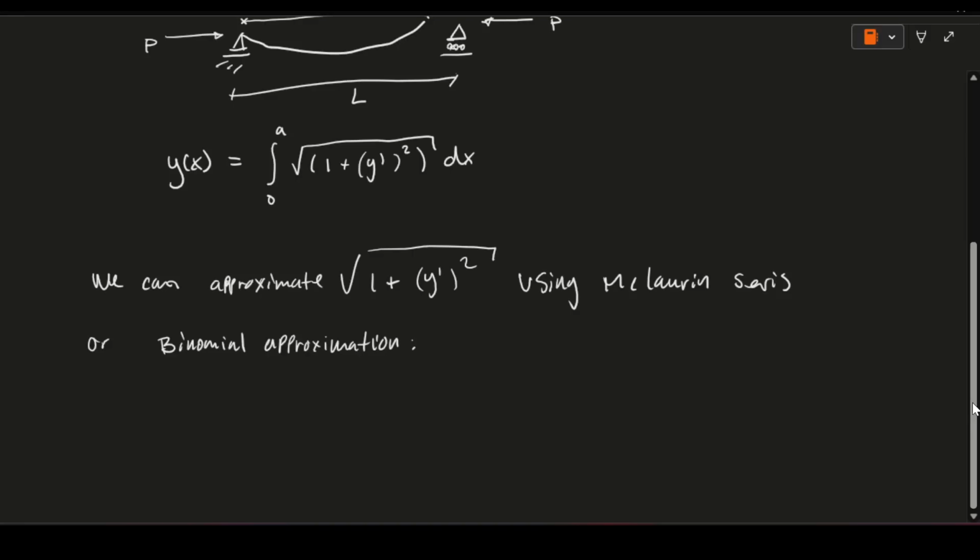The binomial approximation says that if you have this, it can be approximated as 1 plus 1/2 y prime squared.